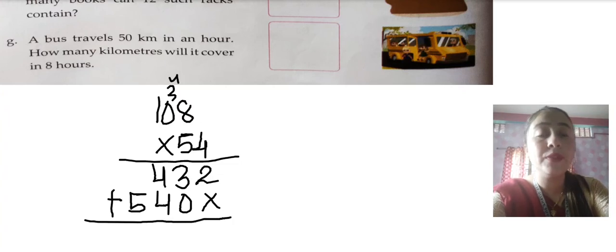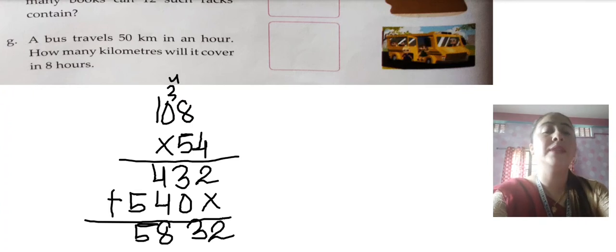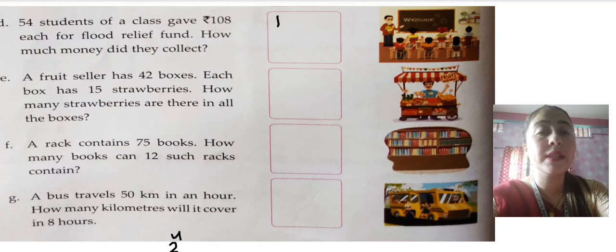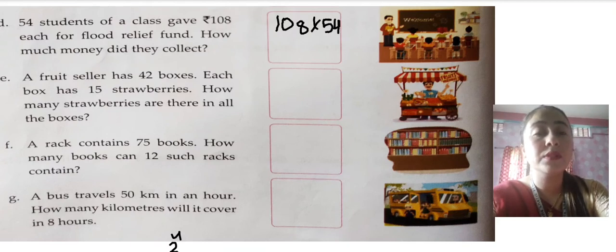Now you have to add it. So 2 plus 0 is 2. 3 plus 0 is 3. 4 plus 4 is 8. And 5 is 5. So 5832. So let me write the answer. 108 into 54 equals to 5832.